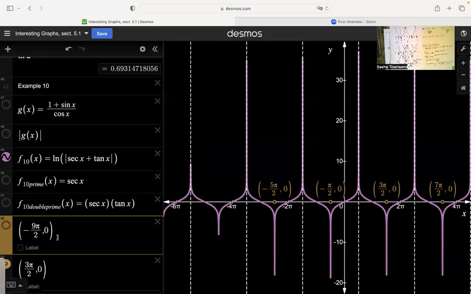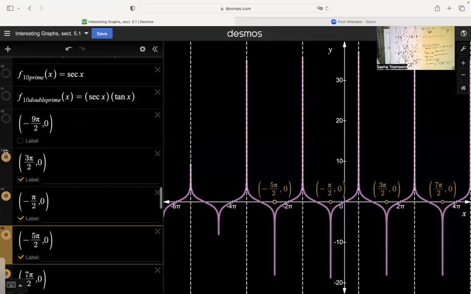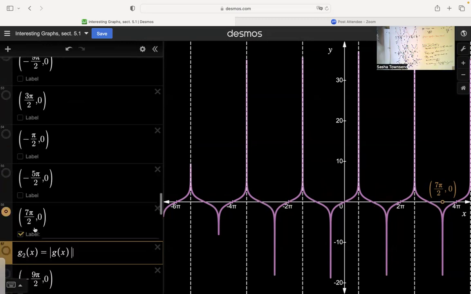So those are all those removable discontinuities of the absolute value of g of x, that's secant plus tangent. And they corresponded to vertical asymptotes. And the log of the absolute value of secant of x plus tangent of x approaches the asymptotes of the original function. The function values on our graph go to infinity at those asymptotes.